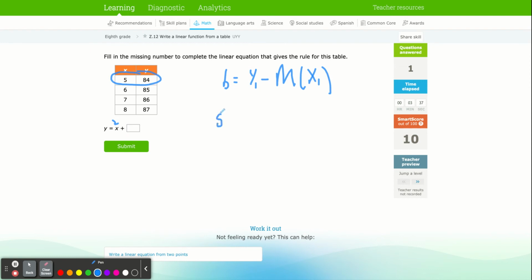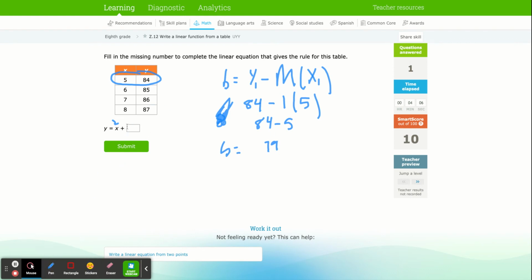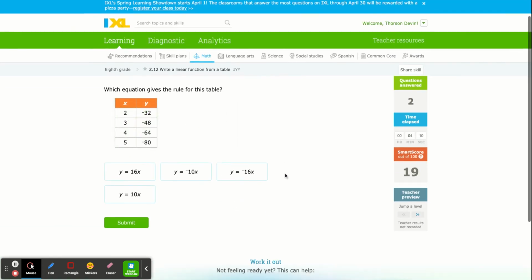I'm going to say y is 84 minus my slope of 1 times my x value of 5. Well, that's 84 minus 5, or 79, is my b value. So my b equals 79. So that's what I need to type in right here, 79. So that one I just had to find the b value.